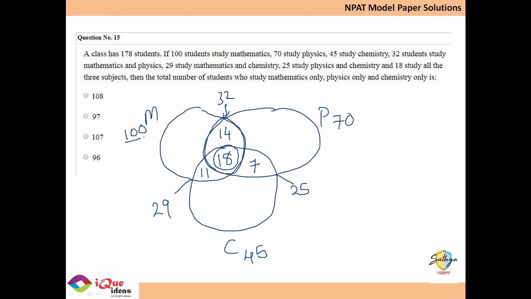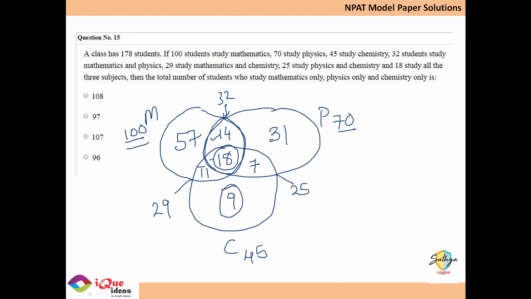So from 100, if I subtract 14, 18 and 11, then pure maths only is 57. From 70, if I subtract 14, 18 and 7, then only physics and nothing else is 31. And if I subtract 11, 18 and 7 from chemistry, 45, I get only chemistry as 9 students.